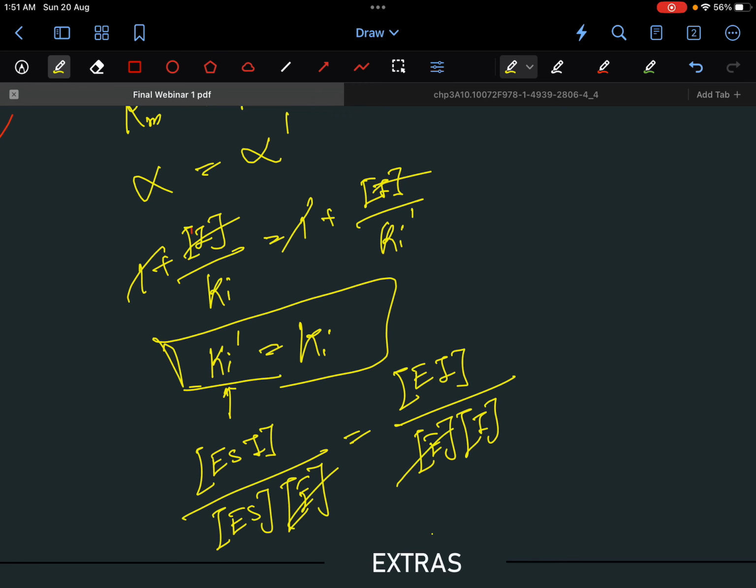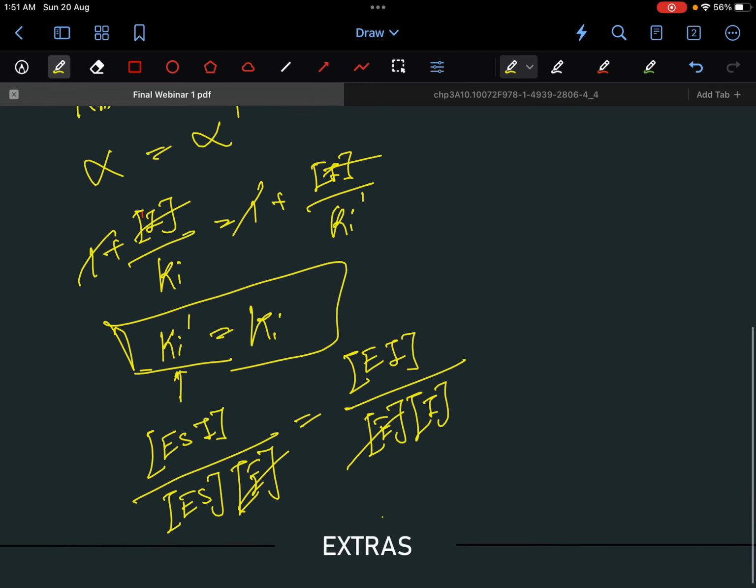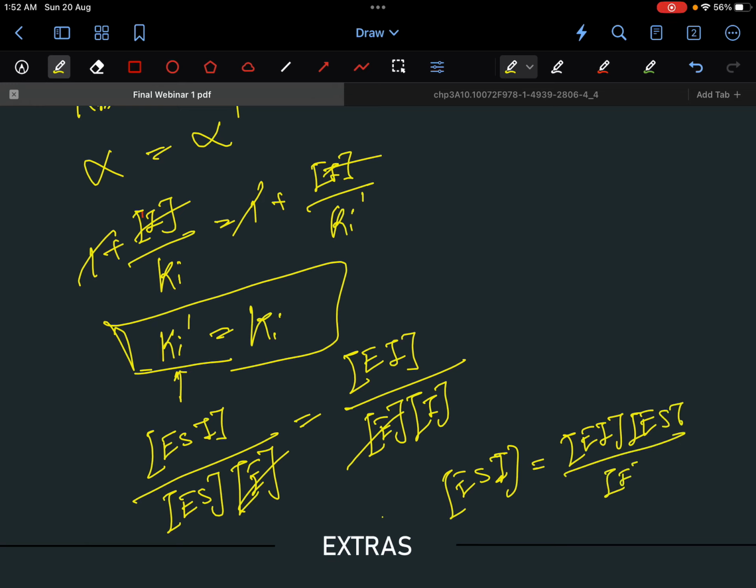So E gets cancelled. So the concept is, concentration of ESI is equal to concentration of EI into ES by I.